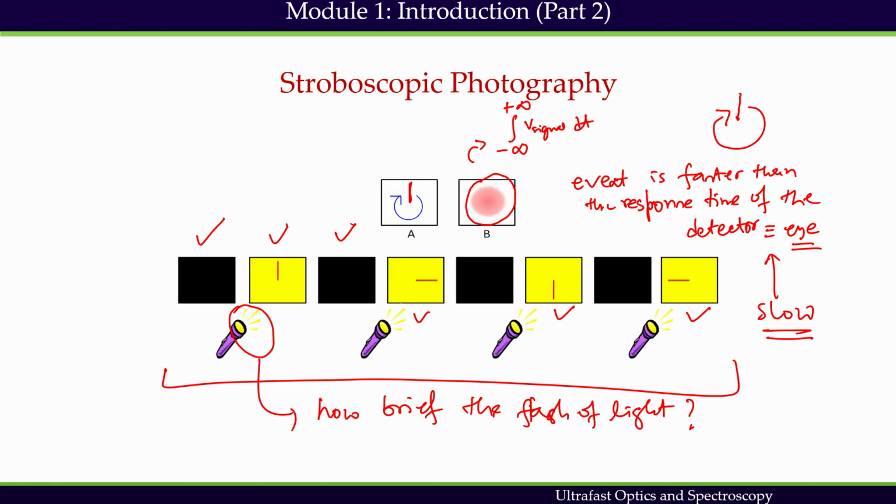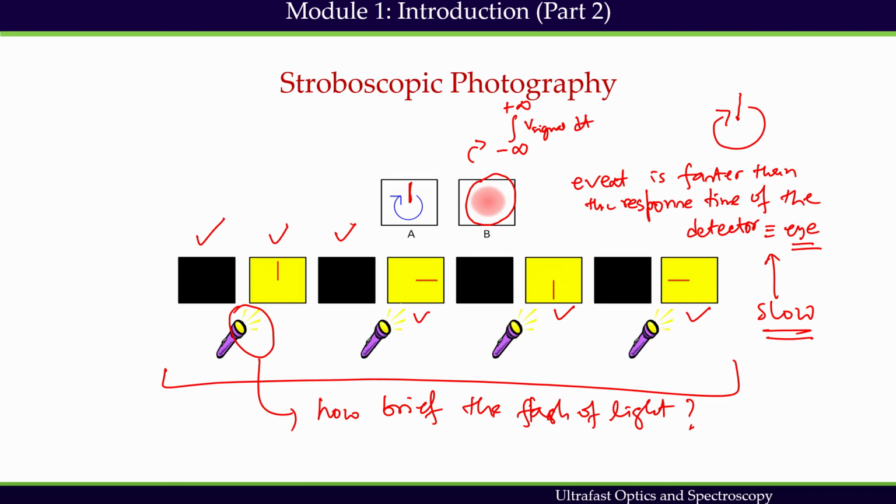So, the duration of the flash has to be controlled and selected depending on what kind of event we want to monitor. This realization, this stroboscopic photographic idea, has revolutionized the technology of synthesizing faster flash of light.